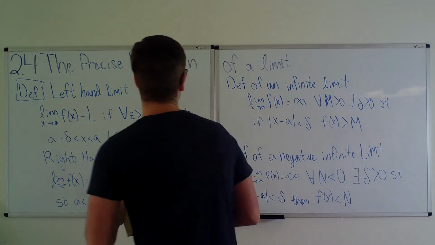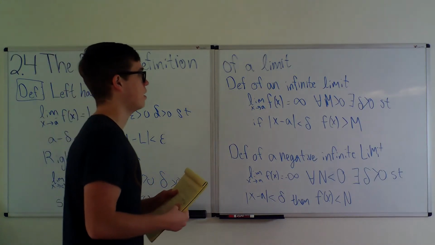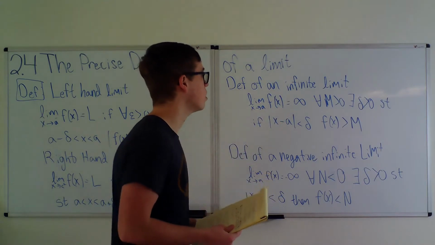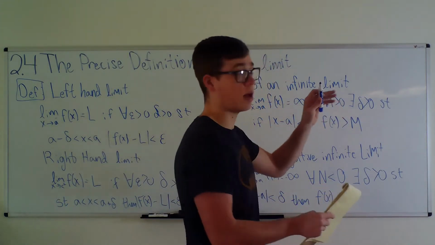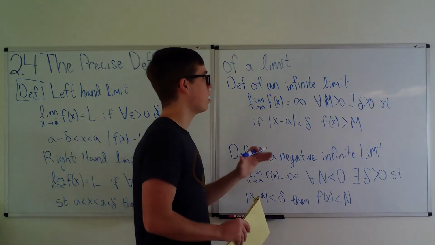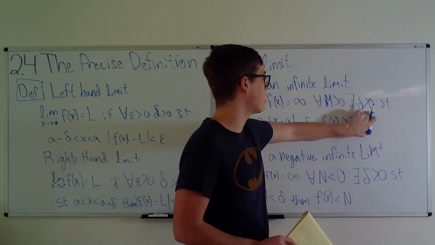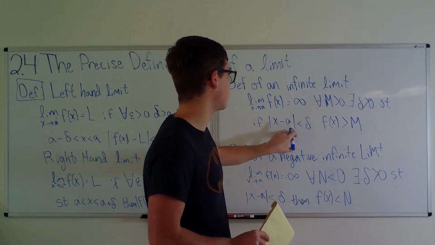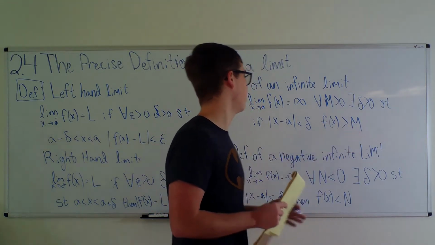Alright, now onto the definition of an infinite limit. The limit as x approaches a of f of x is equal to infinity if for every m, which is just a random number, for every m greater than 0, there exists a delta greater than 0 such that if the absolute value of x minus a is less than delta, f of x is greater than m.